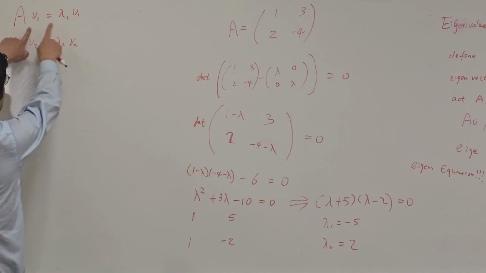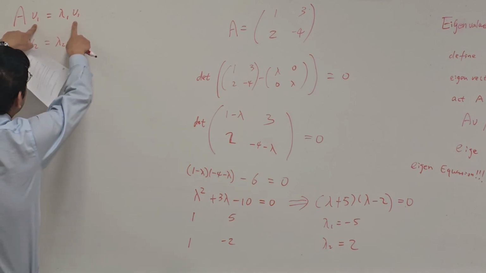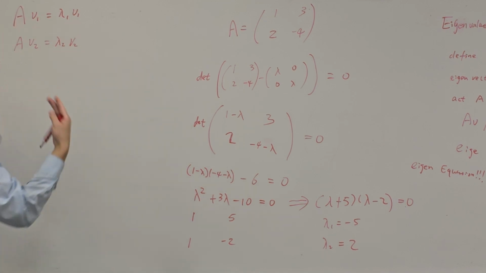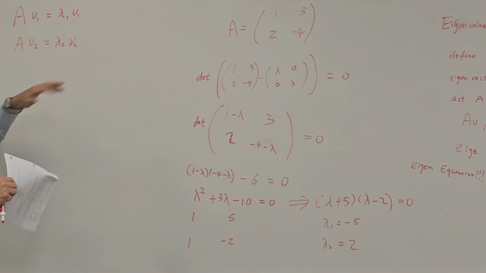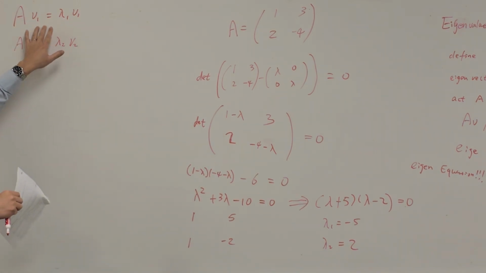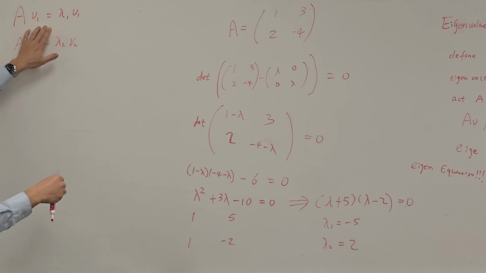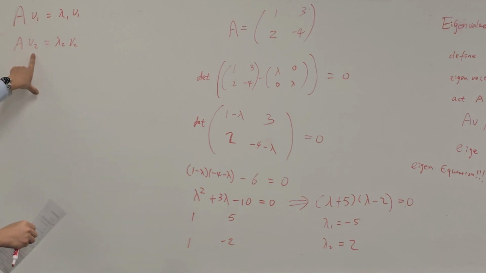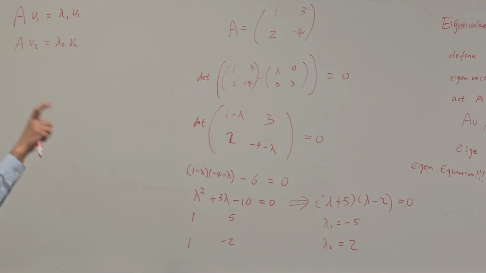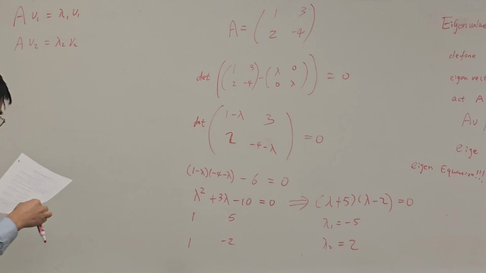Because this doesn't change the direction of V1, you can actually have an infinite number of V1 and V2 as long as they are in the same direction. So the scale of V1 and V2 doesn't matter, it will always satisfy this equation. Remember, you could have an infinite amount of solutions for V1. Normally in physics, we normalize V1 and V2 to be unit vectors, so the magnitude is 1 for each.